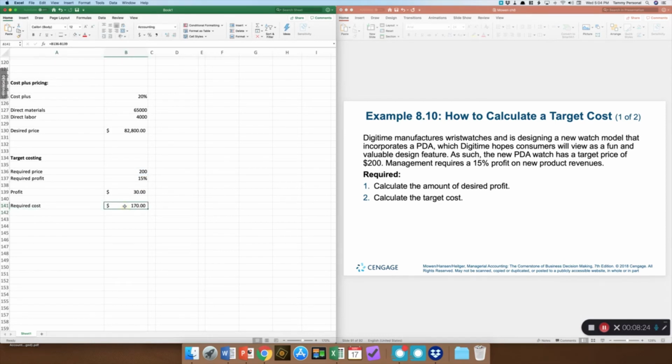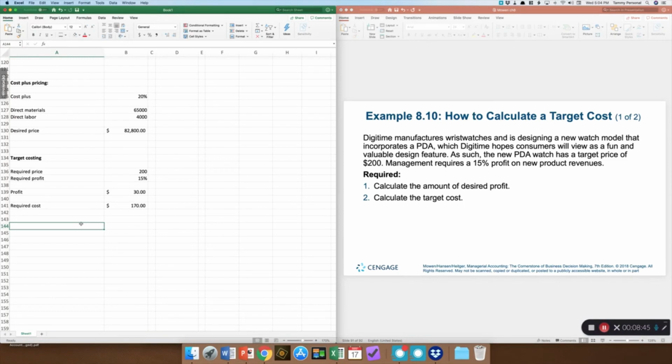Now, why am I even bothering to do this over in Excel? Because you can get screwed up doing these things. It's really important to keep straight in your mind whether you're looking at target costing or cost plus pricing.